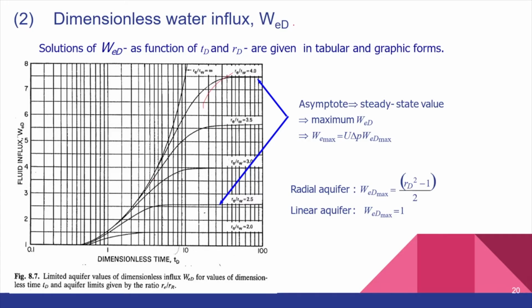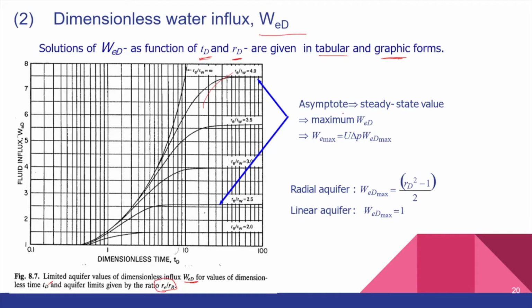For dimensionless water influx, it can be a function of dimensionless time and dimensionless radius. This can be achieved by a table or from the graphical form. So as you can see, the graph here shows the aquifer value of WED, dimensionless time TD, and the ratio Re over Rr.